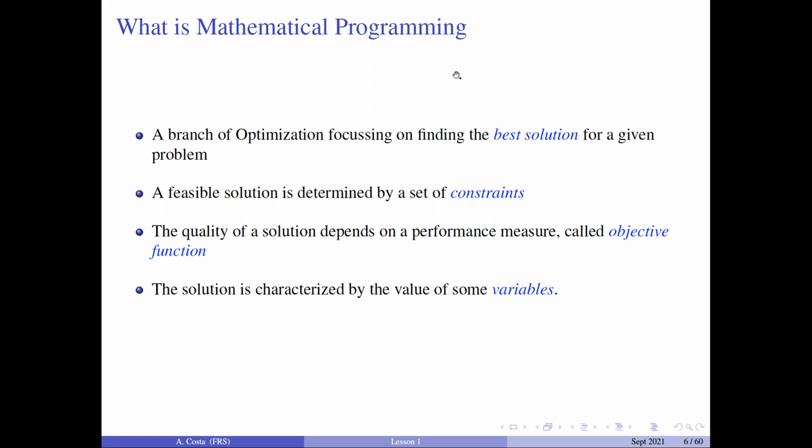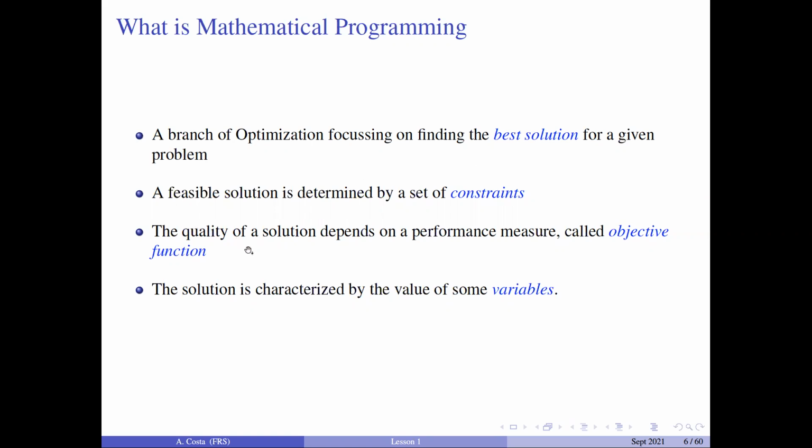So in mathematical programming, usually a solution is considered to be feasible if it respects some constraints. So we imagine you have a set of constraints telling you what you can or cannot do. If you have a budget of $100 to buy your food, you can spend up to $100. If you want to buy something that is costing $150, it is infeasible, okay?